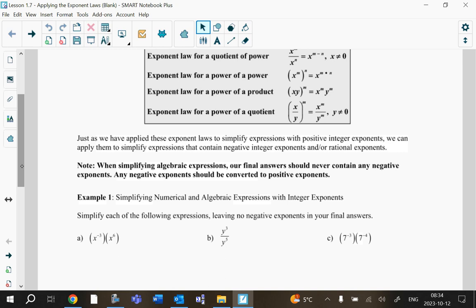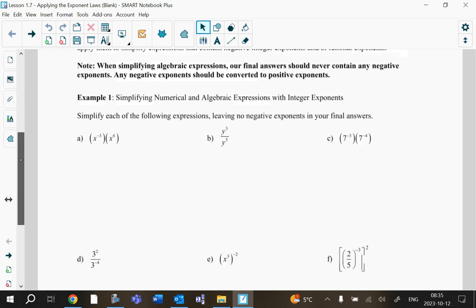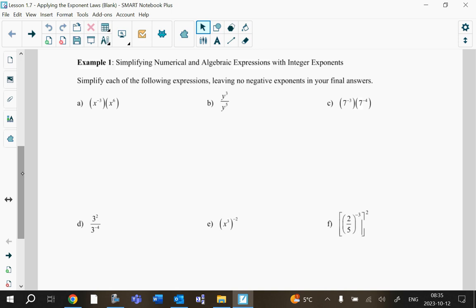So all I want to do is just go through some questions with you, where we're going to see fraction exponents, we're going to see positive exponents, we're going to see negative exponents, and how to simplify them. So here are some straightforward ones where it's just one exponent law is involved, but remember, your final answers can't have negative exponents.